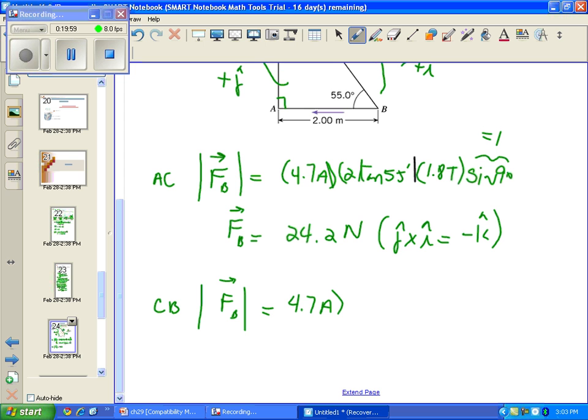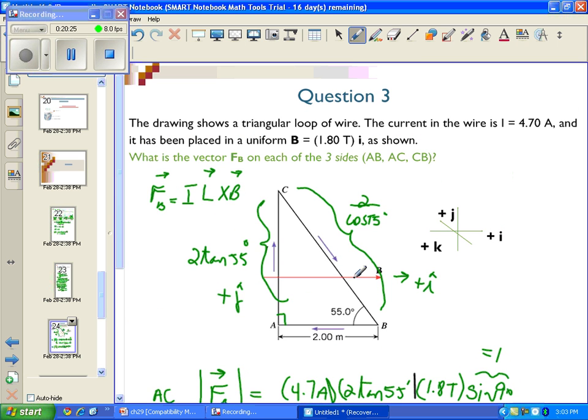4.7 amps is I, times the length we said was 2 divided by the cosine of 55, times B, 1.8 Tesla, and we need the sine of the angle between I and B. Well, if we come over here, I is this direction here, B is this direction here, and this is the angle of 55 degrees.